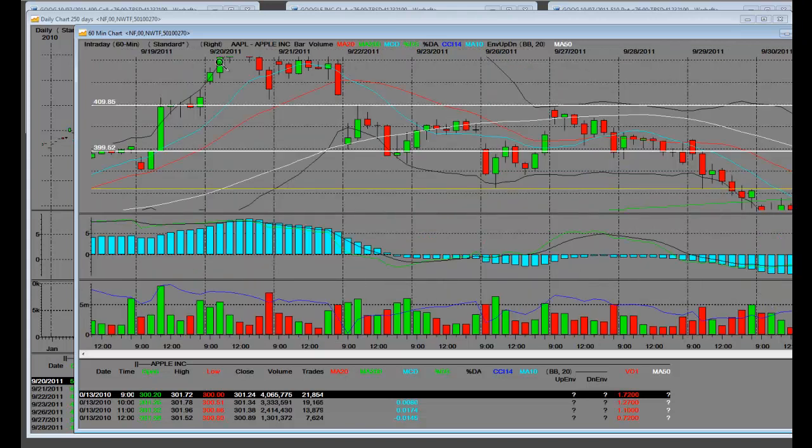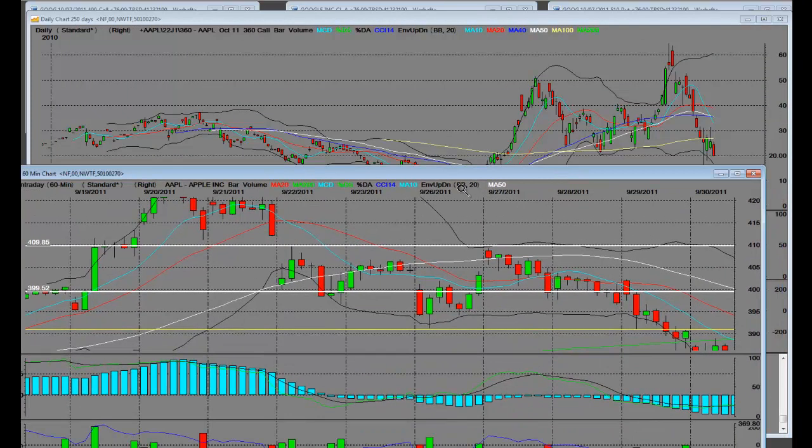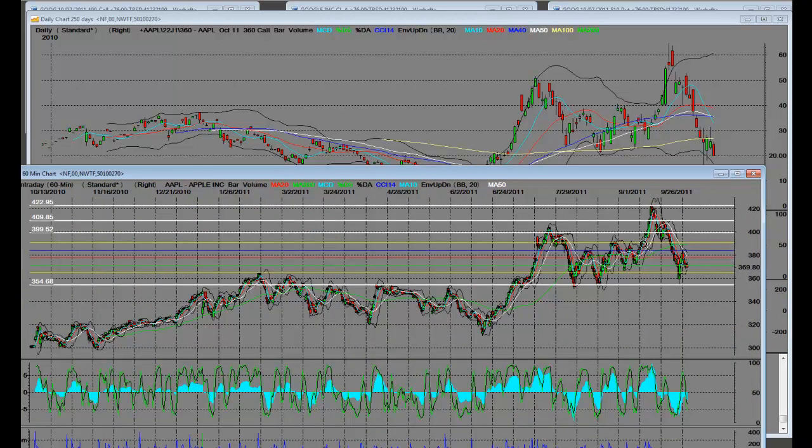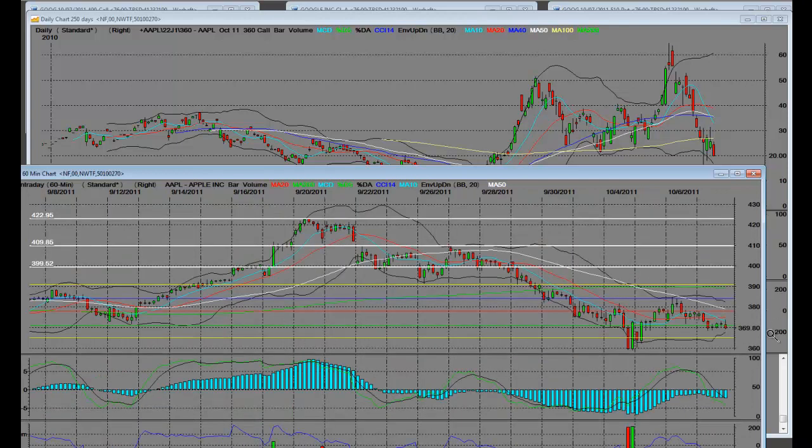On 9/20, we were putting in the all-time highs. And when we reversed on the 9/20, let me re-highlight it again for you, sir. When we were reversing over here, making the top on 9/20, we clearly started the reversal of this 360 call that was inflated.